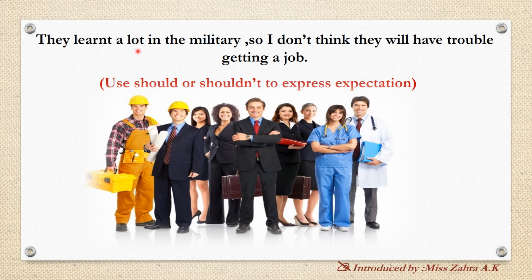They learned a lot in the military, so I don't think they will have trouble getting a job. Use should or shouldn't to express expectation. استخدم should أو shouldn't to express expectation للتعبير عن التوقع. And we say to express about expectation we use should or shouldn't. يعني إذا اليوم أريد أتوقع شيء إما استخدم إما should أو shouldn't.